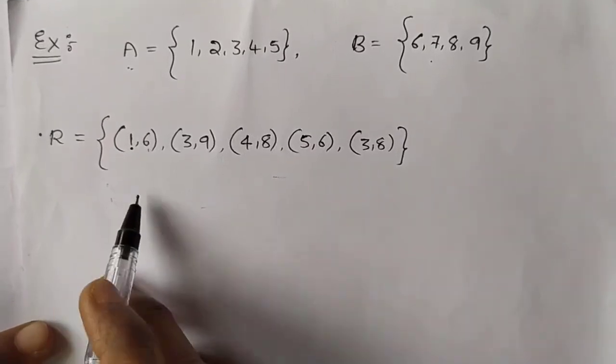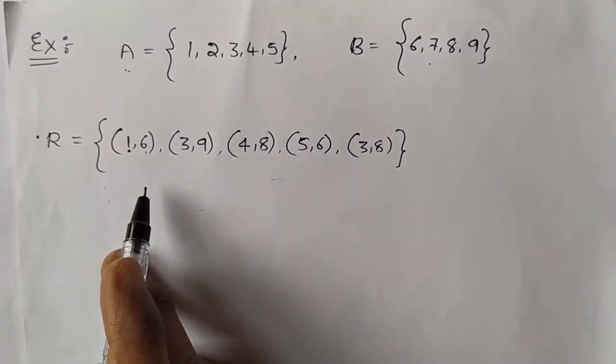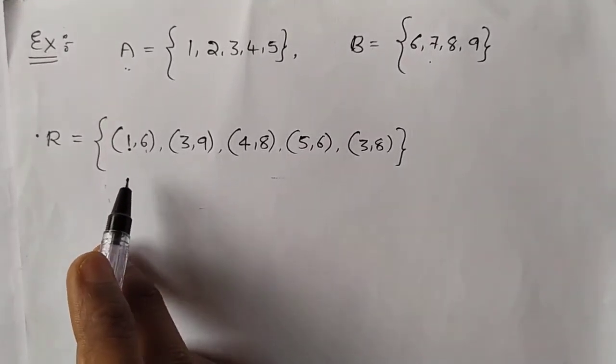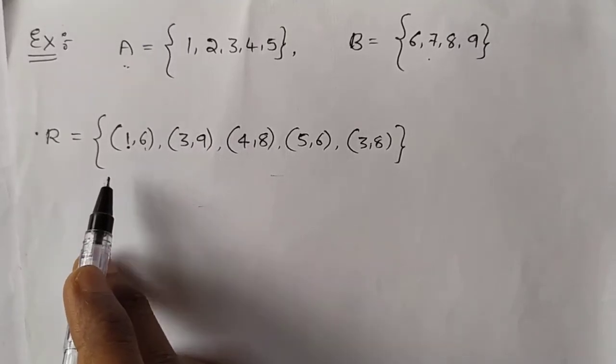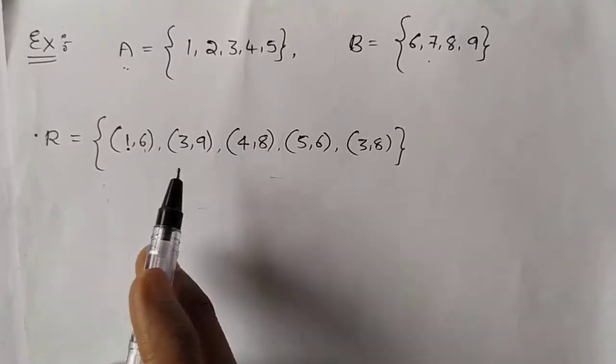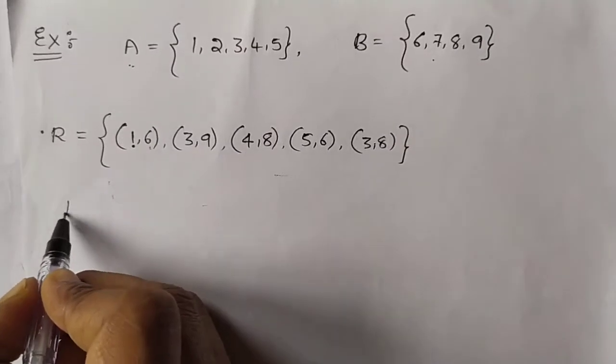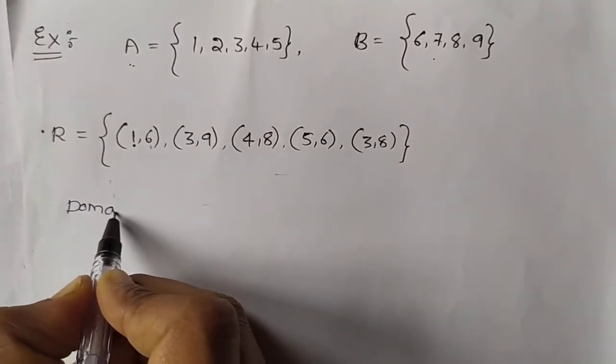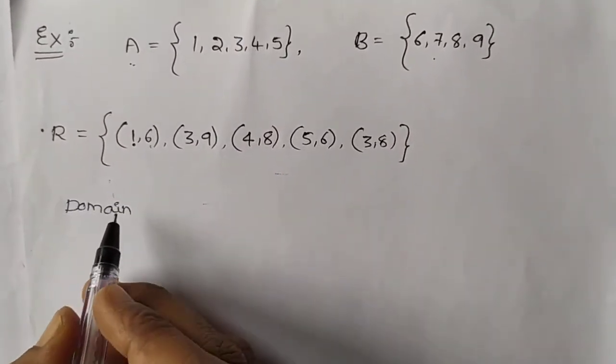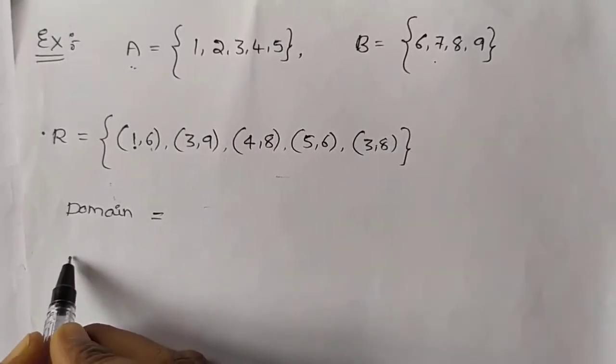Now, in this relation, how can you identify domain, codomain and range? Okay, domain. How to find the domain?